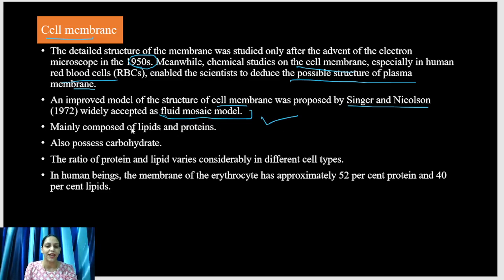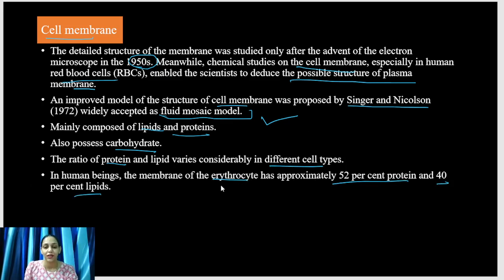But before that, the general properties of the cell membrane to discuss. Mainly composed of lipids and proteins. Also possesses carbohydrates. The ratio of protein and lipids varies considerably in different cells. In human beings, the membrane of the erythrocyte has approximately 50% protein and 40% lipid.